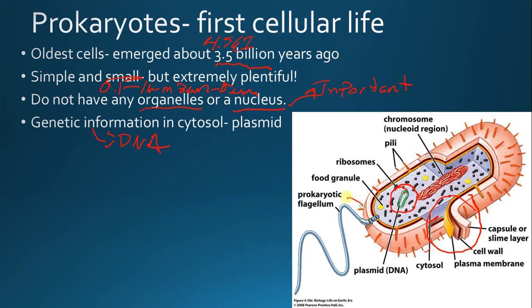A lot of them use flagella to get around, and they have these projections out of their cell walls called pili to help them hold on to things. You can see the nucleoid region, which isn't a nucleus but is the big group of DNA, the chromosome for a prokaryote.